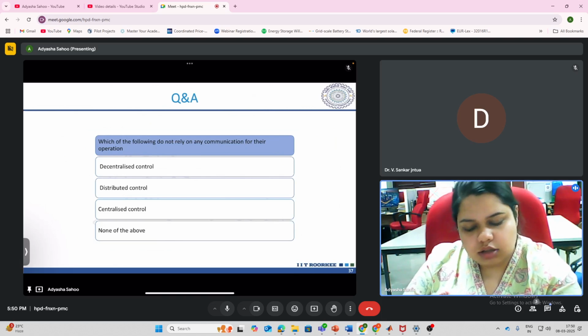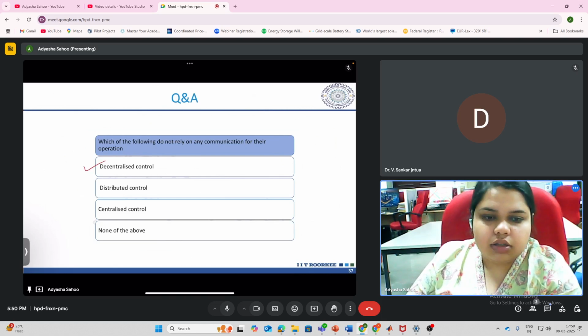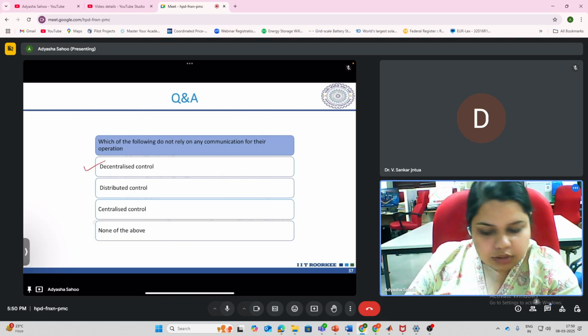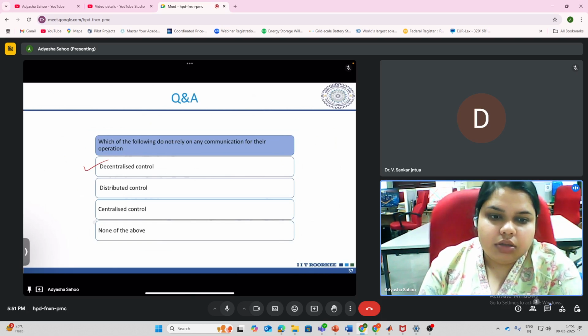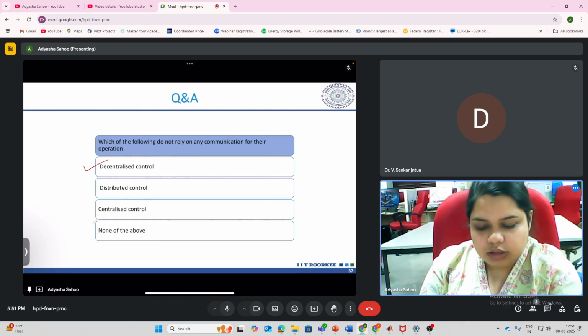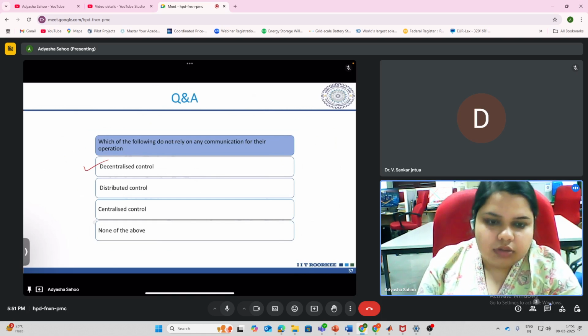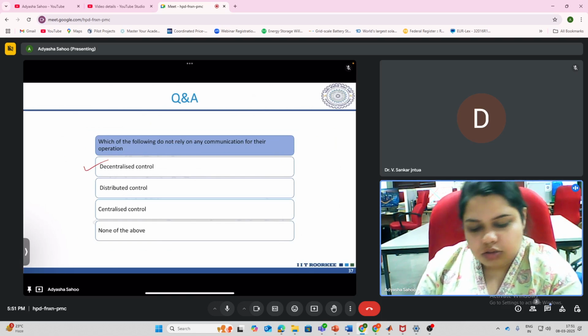It is decentralized control, right? That's why it is the fastest, because it is not communicating with anyone. In distributed control, you have communication, depending upon the type of communication: consensus based, multi-agent type, or P2P type. And centralized control is used for communication with the neighboring microgrids and with the DSO.